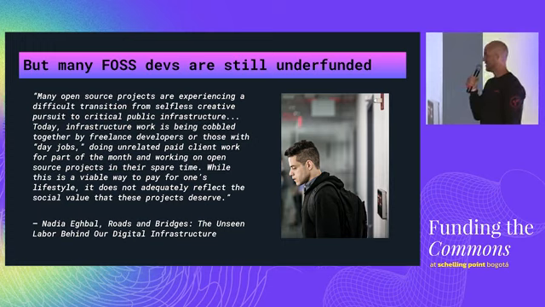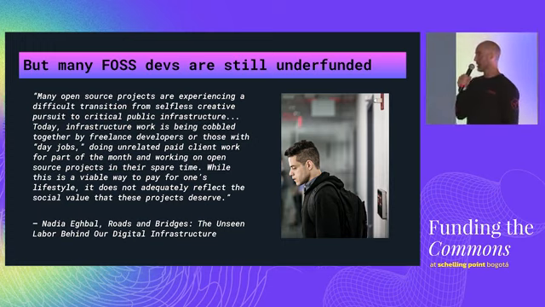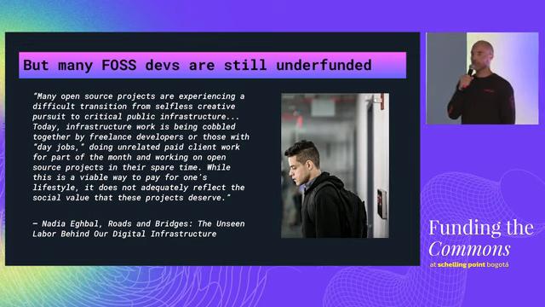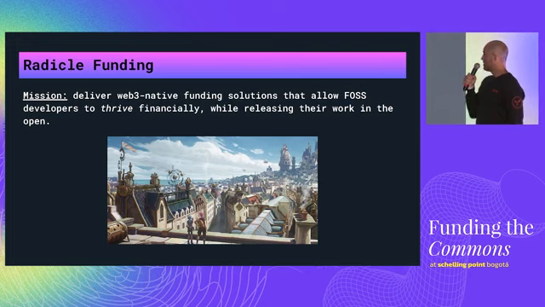So I probably don't need to spend too much time on this slide, but it's great that people can scrape by and work a different job and be able to contribute to FOSS. But wouldn't it be a better world if more people could focus their full energy on building this important public good that's essentially going to define a lot of the future? So this is really the mission of Radicle funding, or this second mission of Radicle.